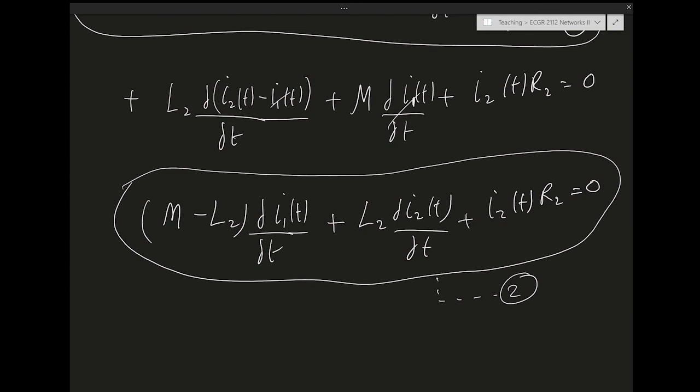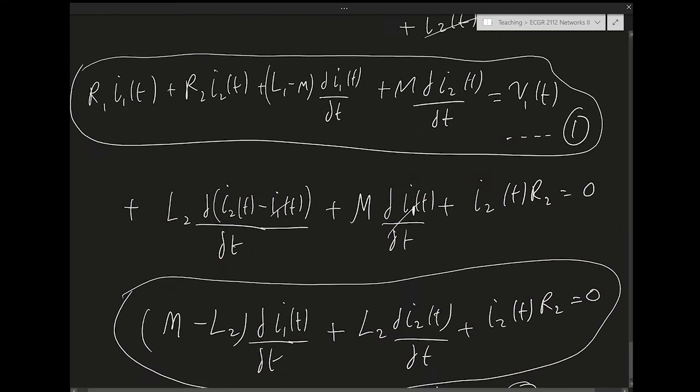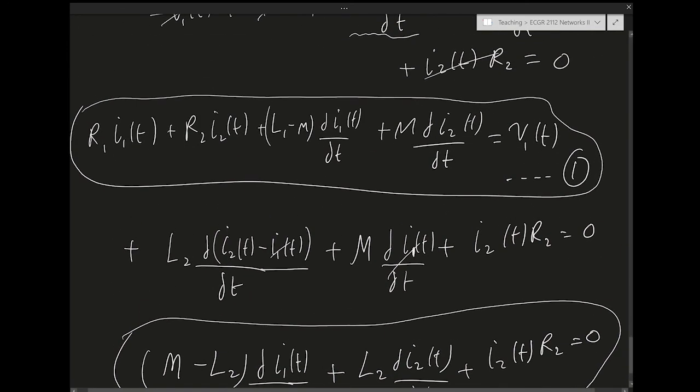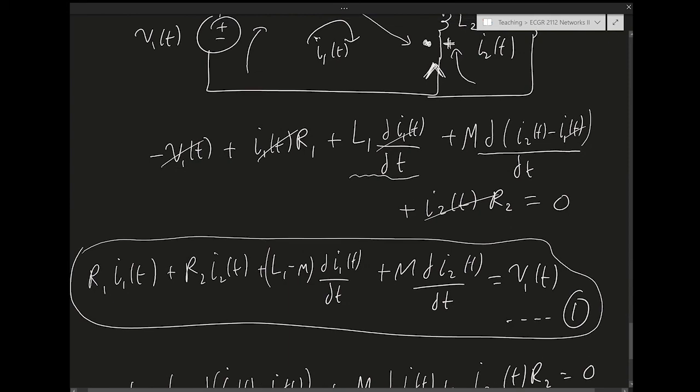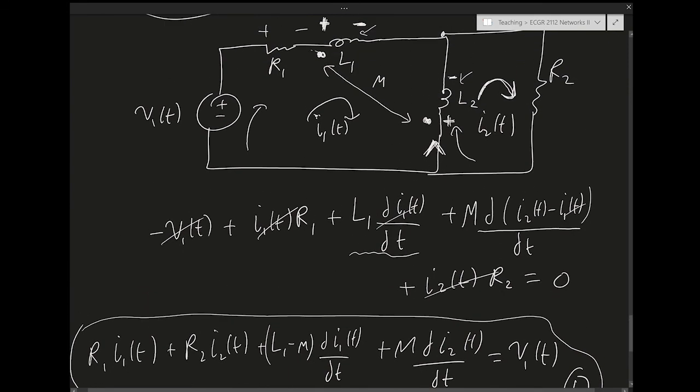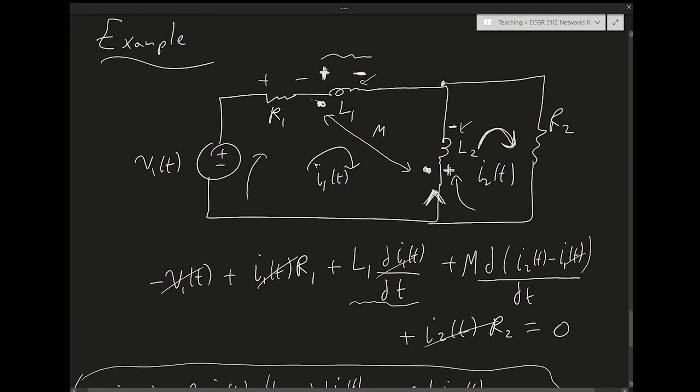Right, so now we want, right, so this makes sense so far. So we have R1 I1, R2, actually wait a minute, oh, I made a mistake somewhere. Oh, I know.